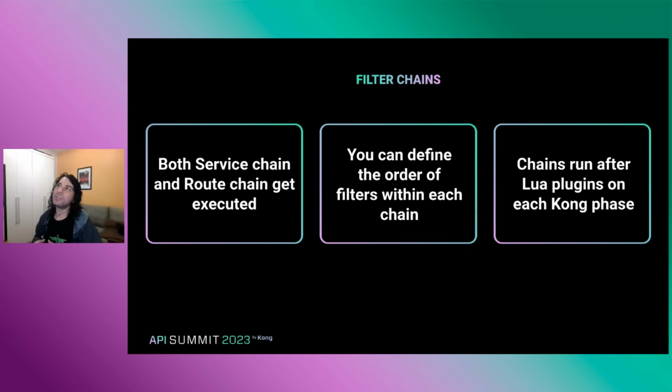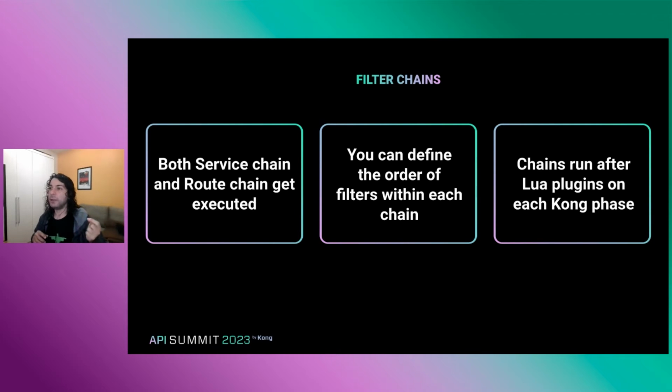Some interesting things to point out about them. If you add a filter chain to a route and you add a filter chain to a service, and as we know, a route has a service associated to it, then when the Kong router matches a route, you effectively get a pair, a service and its route being matched.